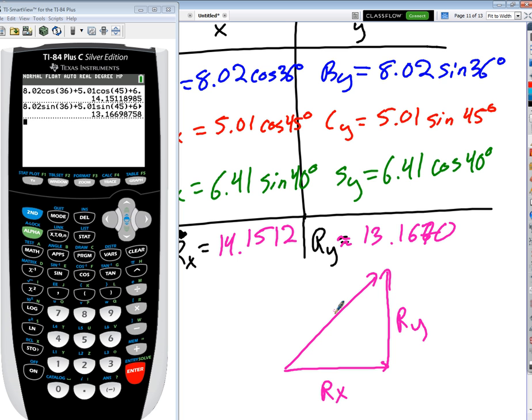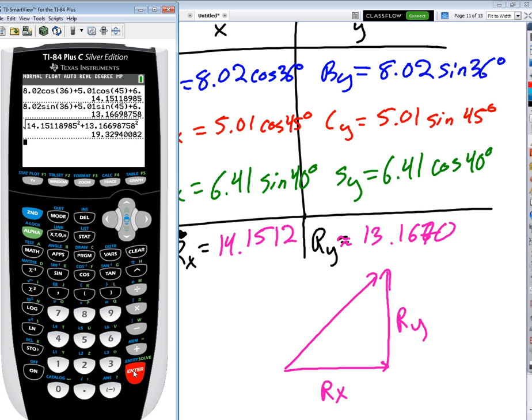So on our calculators, we'll just go second square root. I'm just gonna go up and grab that calculation, square it, plus that guy squared is that. So there's the magnitude.